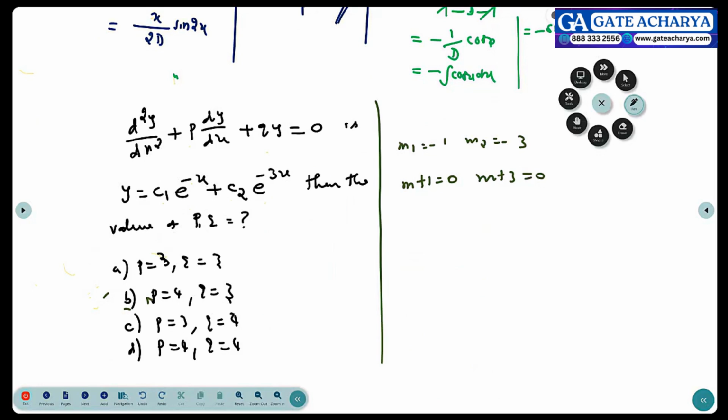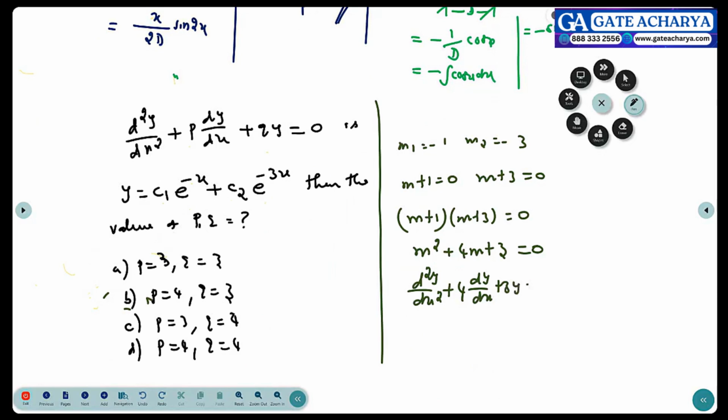So m plus 1 is 0, m plus 3 is 0. Therefore m plus 1 into m plus 3 is equal to 0. That is m square plus 4m plus 3 is equal to 0. Correct? Sum 4, product 3. Rearranging the equation, it is d square y by dx square plus 4 times dy by dx plus 3 times y is equal to 0.